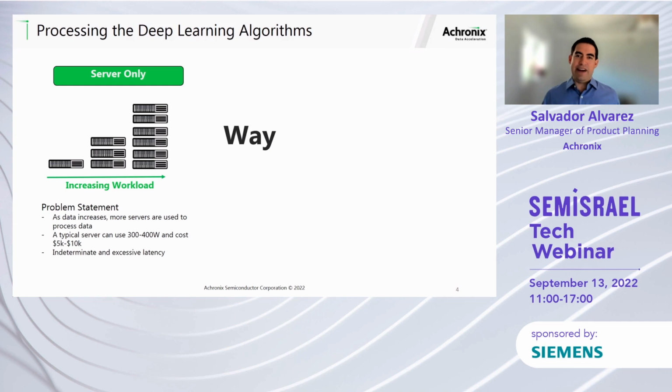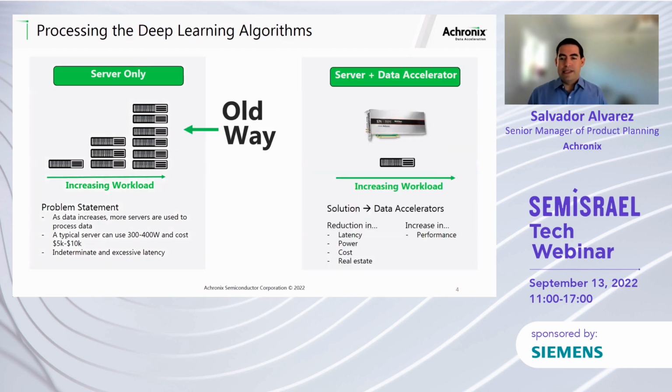Simple plug-in accelerators, which are far more suited to run those specific tasks of AI inferencing, can dramatically reduce cost, power, real estate, and most critically in this case, also latency. The workloads are offloaded to these accelerators by the host CPU, resulting in a very large increase in performance and throughput. Data accelerators can be based on GPUs, ASICs, or FPGAs. Let's compare these options.